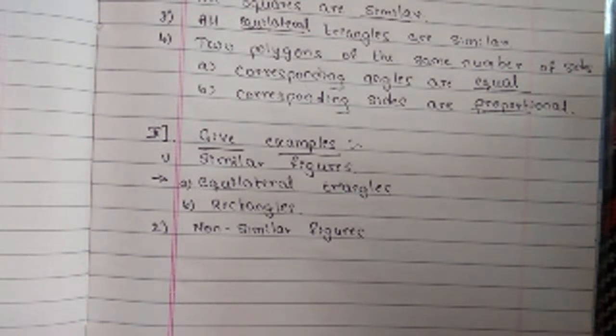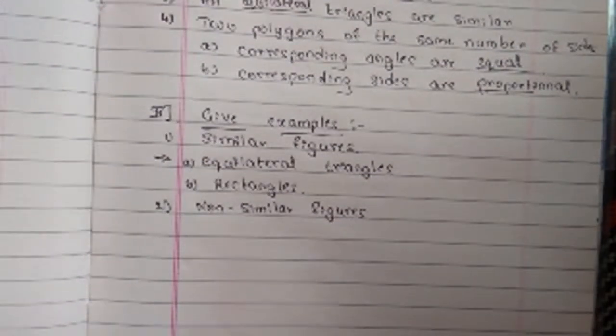Circles of radius 3 cm and 6 cm, so they come under similar figures. Rectangles, so that comes in similar figures.